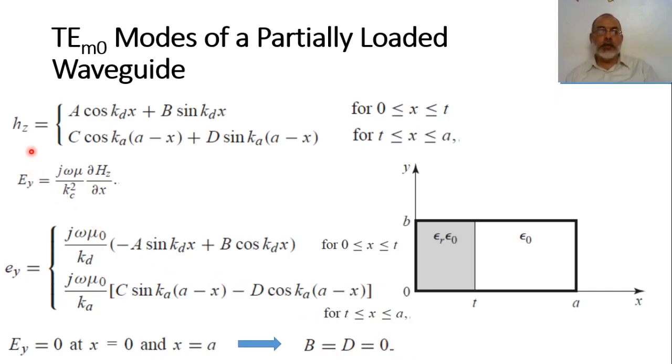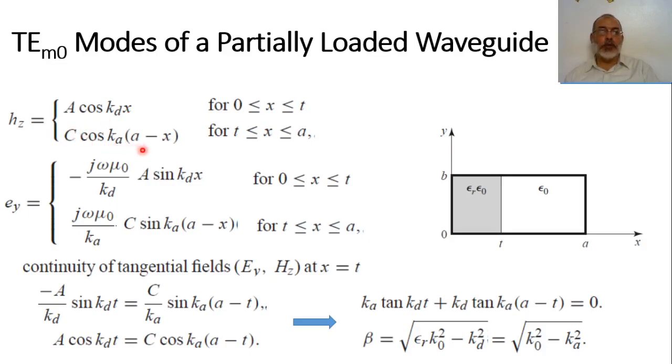This means that the remaining part Hz is a cosine kd x for x greater than or equal to 0 and less than or equal to t, and Hz equals c cosine ka multiplied by a minus x for x greater than or equal to t and x less than or equal to a. Okay, that's what we have.